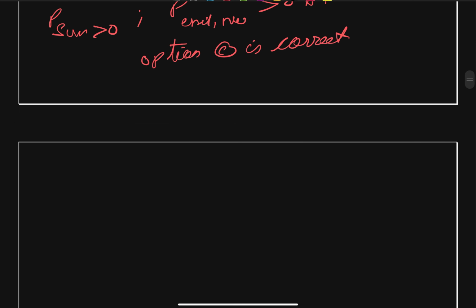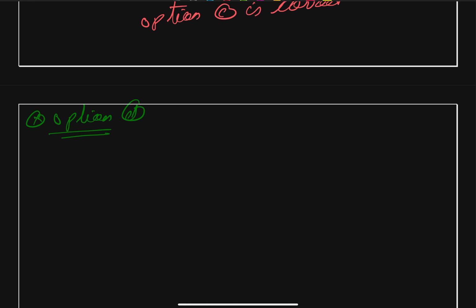We already know that P emit will be equal to Boltzmann constant, emissivity E, area, T raised to power 4, and P absorbed nu will be equal to A T0^4 plus P of our sun.